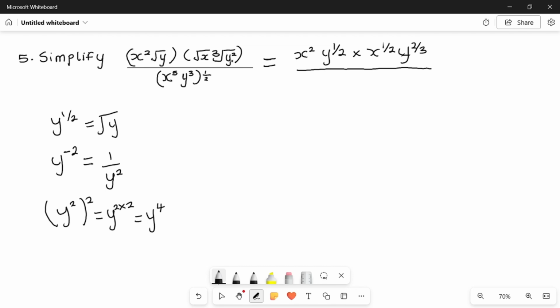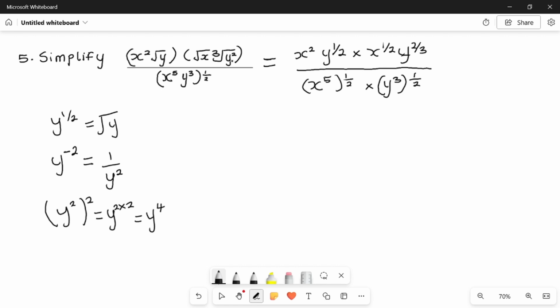If we want to open this bracket, we'll have x raised to power 5, all raised to power 1 over 2, times y raised to power 3, all raised to power 1 over 2. You see, so this is now the same thing as this here.